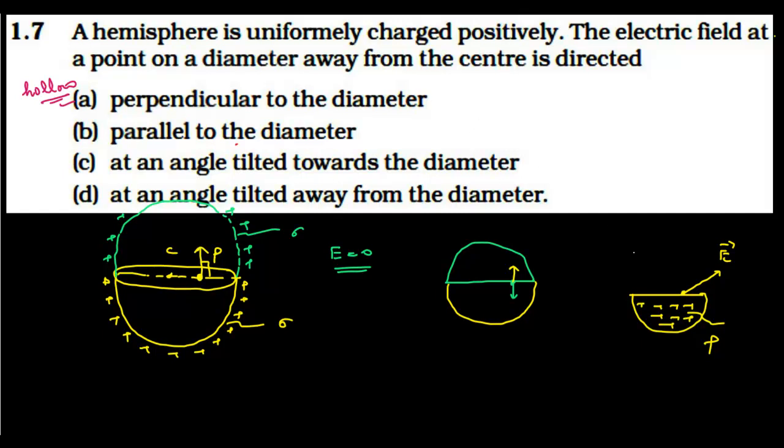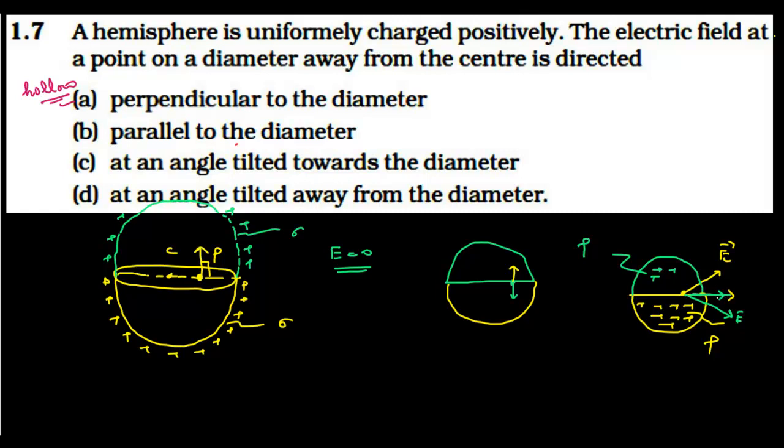Because if you consider another similar hemisphere above this with the same volume charge density, then due to symmetry the field due to this hemisphere at this point will be in this direction. And the component of both the fields is along this diameter.